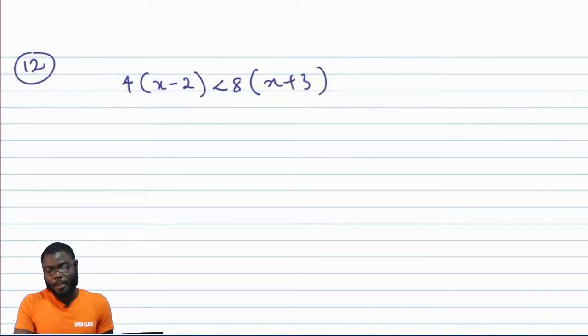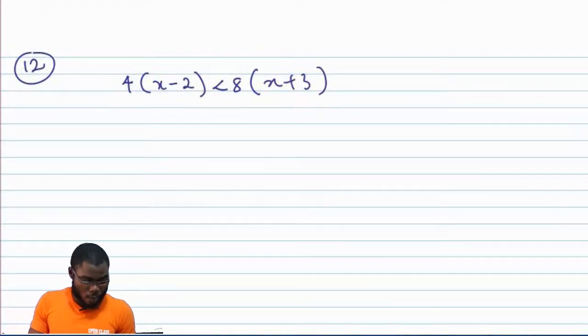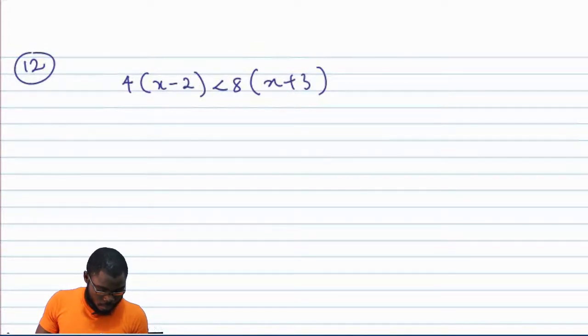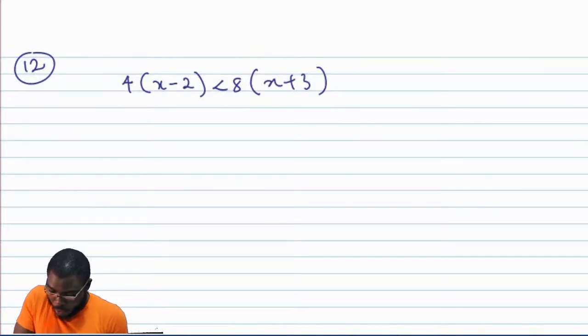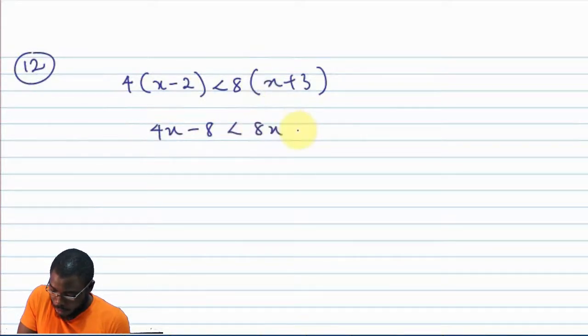We should evaluate it. Here we'll just open up the bracket. So we have 4x minus 8 less than 8x plus 24. 8 times 3 is 24.